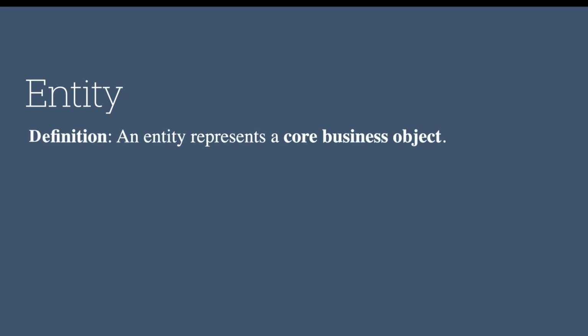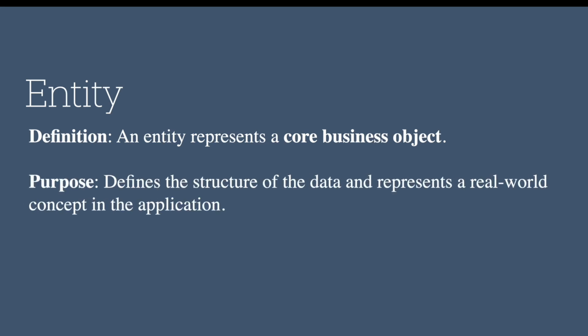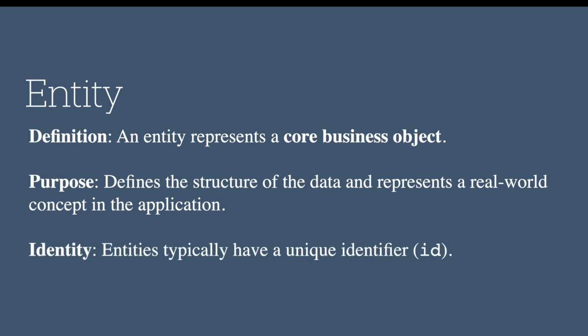Now, if you search the web about entity, you will see a bunch of responses saying that it represents a core business object. You'll also see that it represents a real-world data concept in your application and has a unique identifier, but that doesn't actually clear up your idea of what an entity is. The same goes for model.